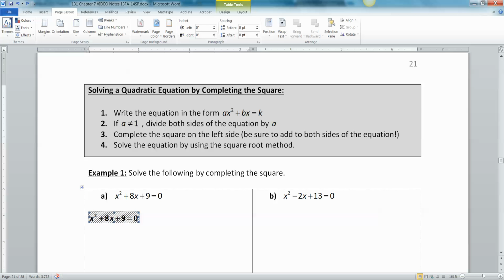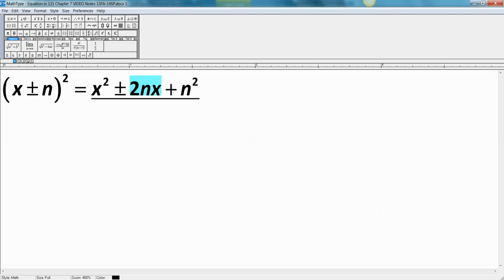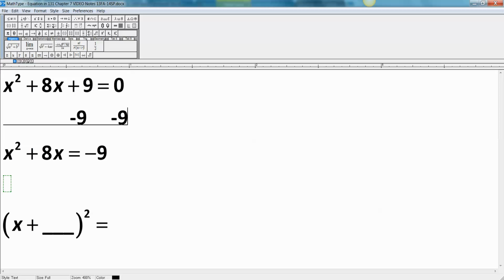All right, now let's go back and look just back here a second. We said that the middle term, the one that's multiplied by the x, is equal to 2n. See it right there? So if I could use that idea, I could figure out what my n is, and that'll be what's inside my parentheses. Interesting. Okay, so let's go to our problem and look at the middle term for a second.